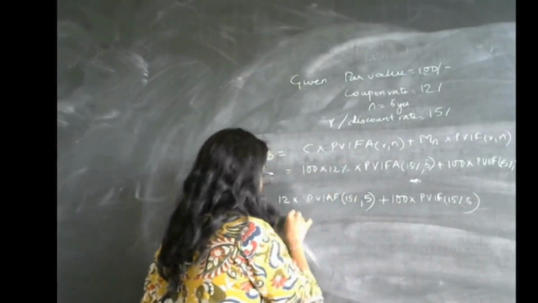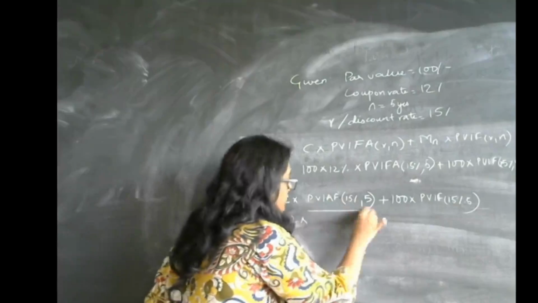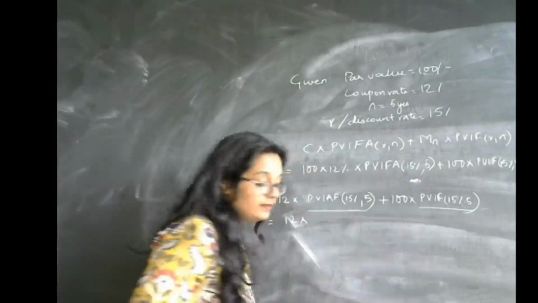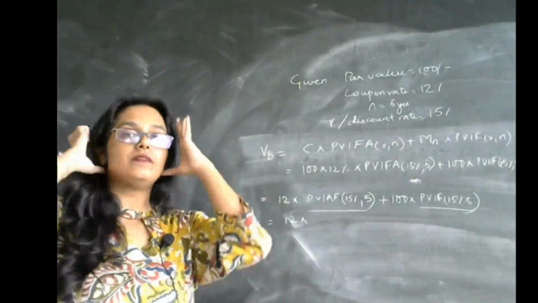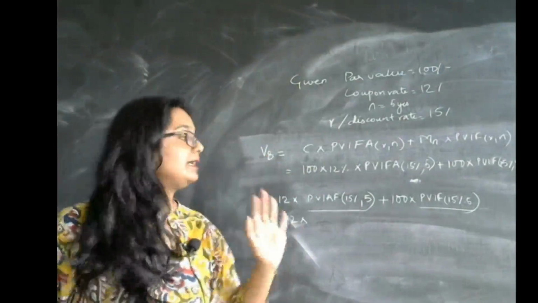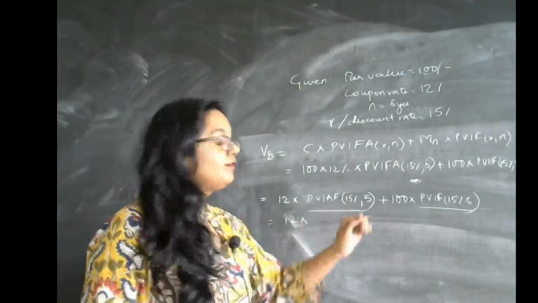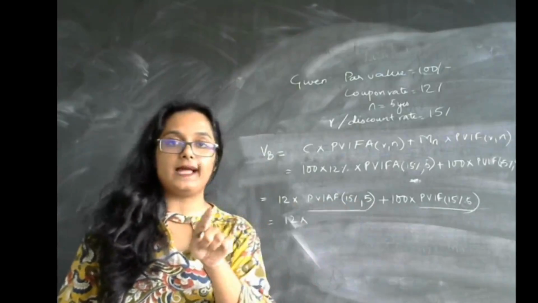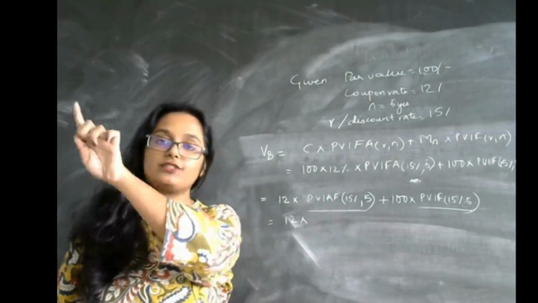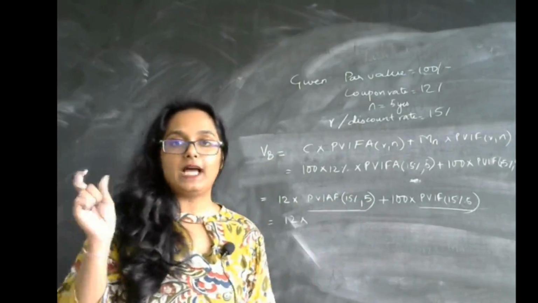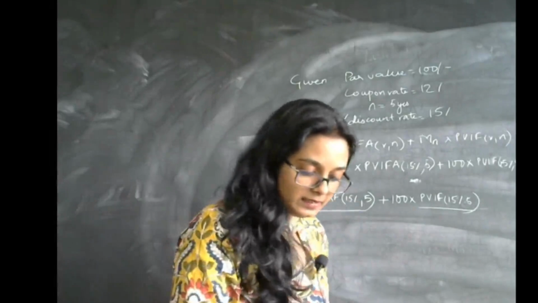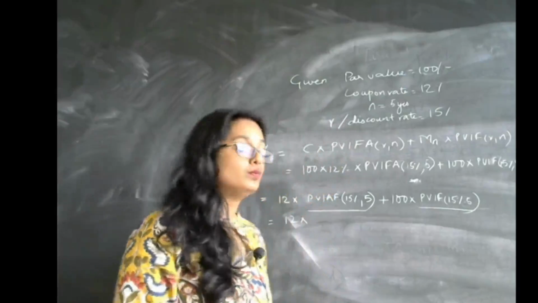Now 12 multiplied by, now check your tables and find these values. What are the values that you find? Just let me know. Present value interest annuity factor, check for the period 5, and for the interest rate, check 15. The value which you will get is 3.352.